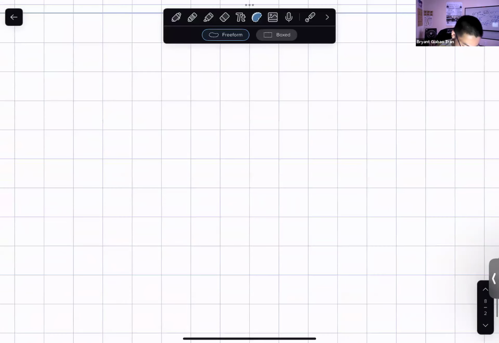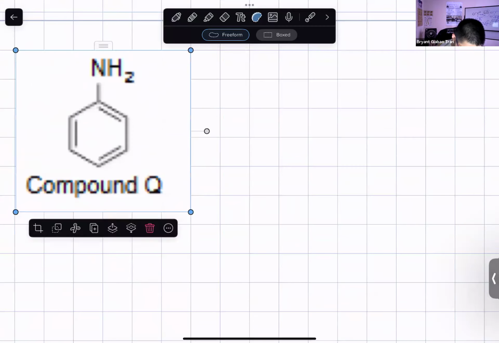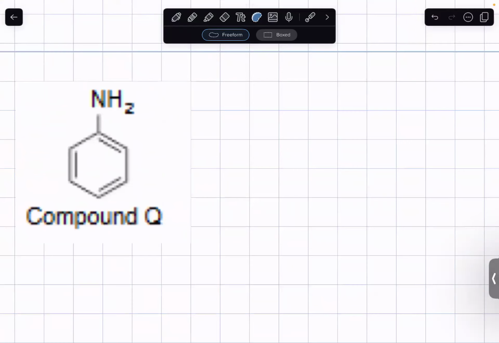But let's see if you can do this. Once you figure it out, let me know where you want to start your first arrow. Okay.